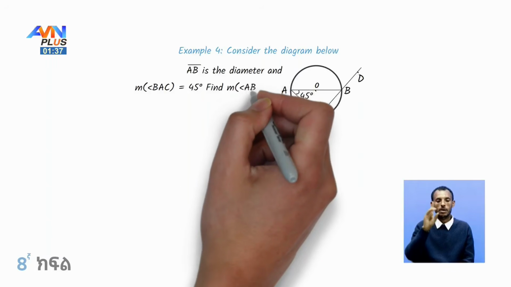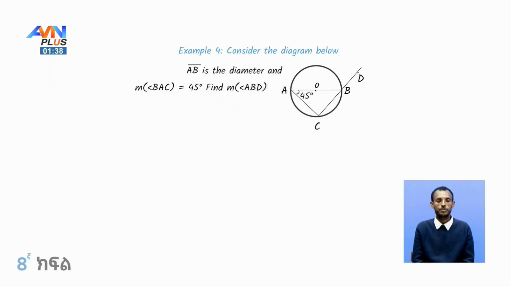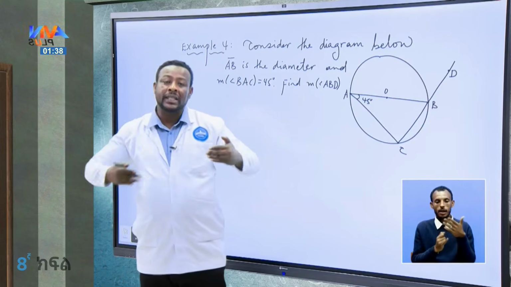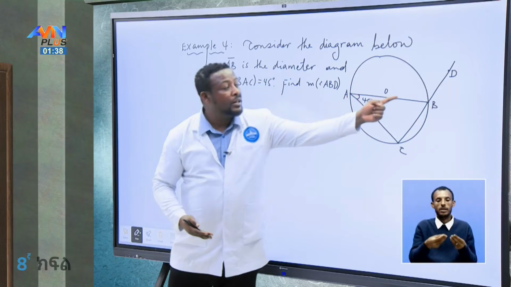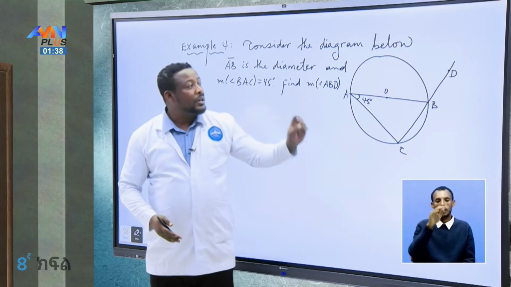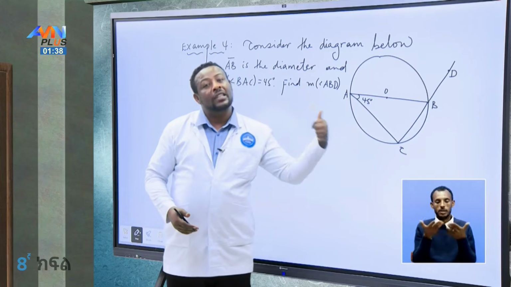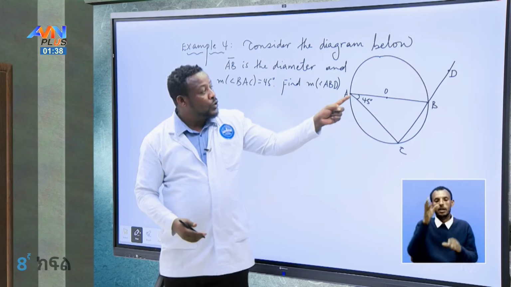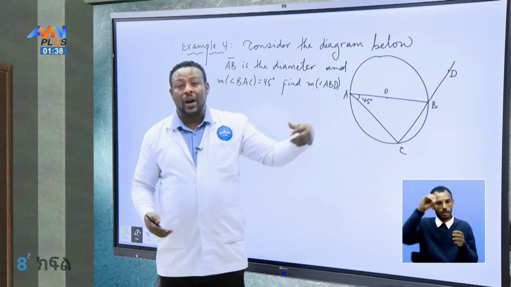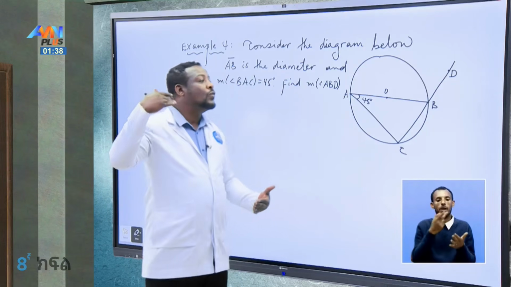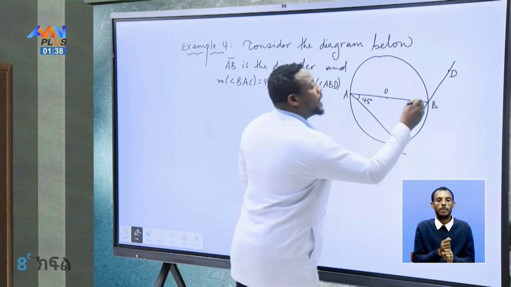Angle ABD. As you can see on the diagram, the diameter of a circle is given, AB is a diameter. The other thing, an inscribed angle, is also given. BAC is an inscribed angle whose degree measure is 45 degrees. So based on this, we are asked to find this angle.